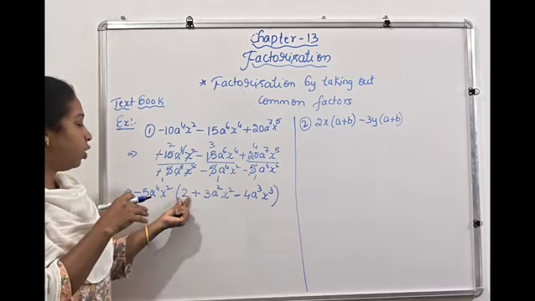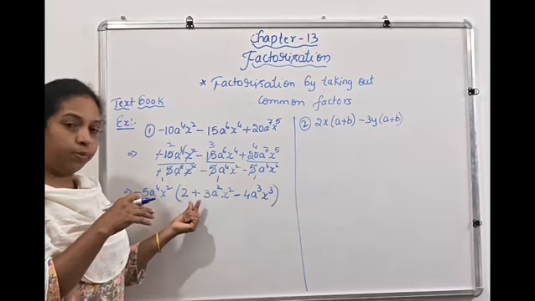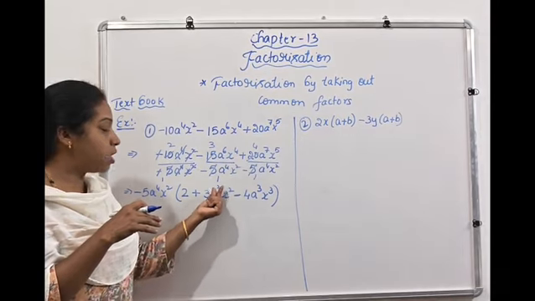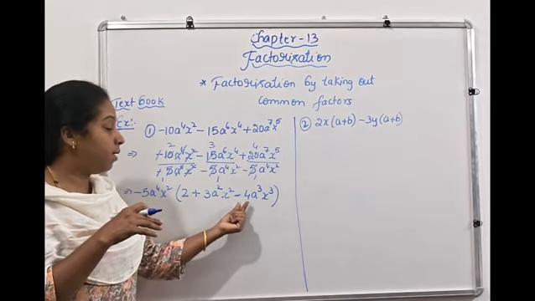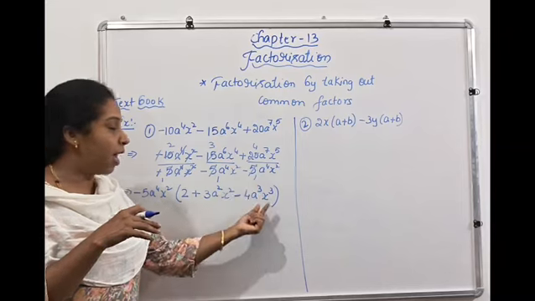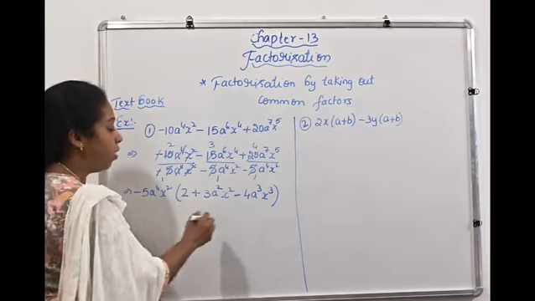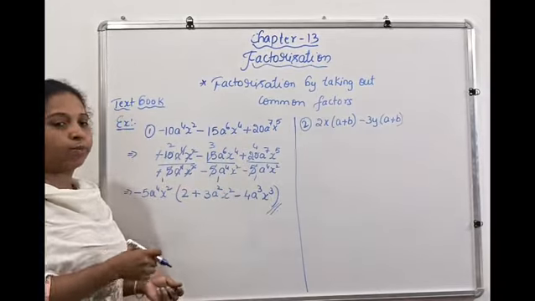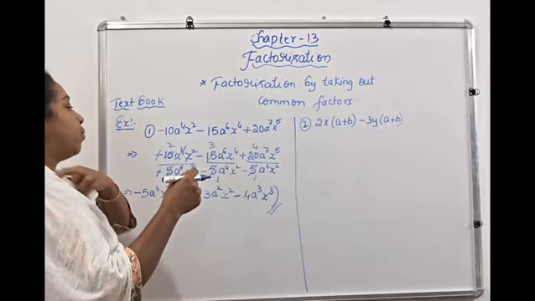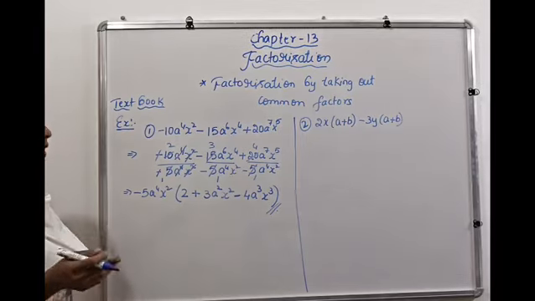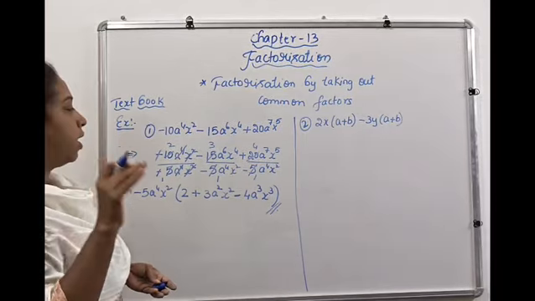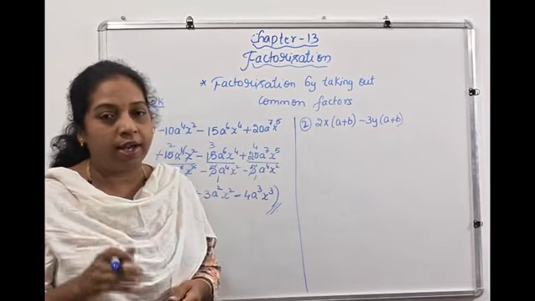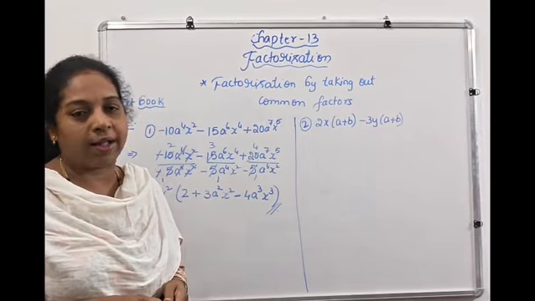Then remaining is 2 plus 3a^2x^2 minus 4a^3x^3. So these are the factors of the given expression, that is 10a^4x^2 minus 15a^6x^4 plus 20a^7x^5.